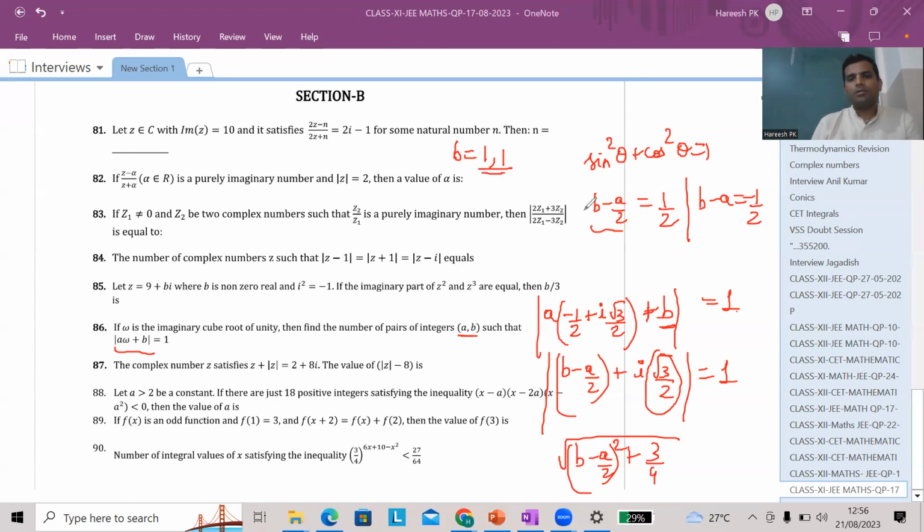So 1 minus half. Are there any other possibilities for b minus a by 2 to be, oh, I forgot here. There's an a multiplied here also, right? So here it will be 3 by 4 a square. So now it's a different thing altogether.